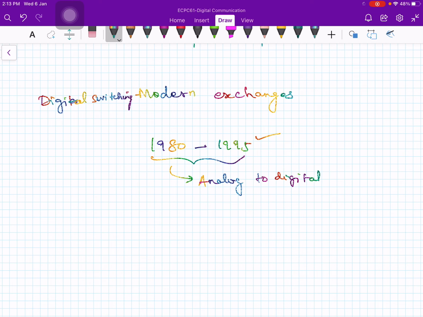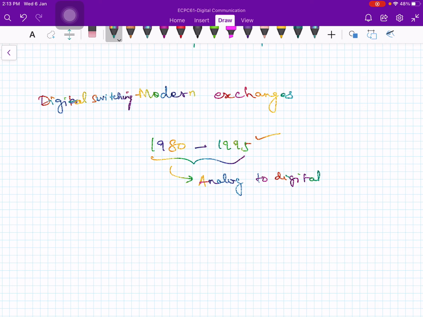But the other thing that you will notice if you look at the communication systems that exist today is that they are purely digital. Here and there you can see very few analog communications. These analog systems were replaced by digital communication systems, very rapidly in fact.